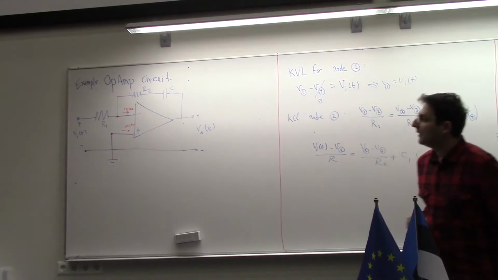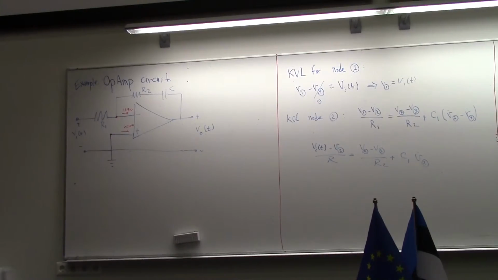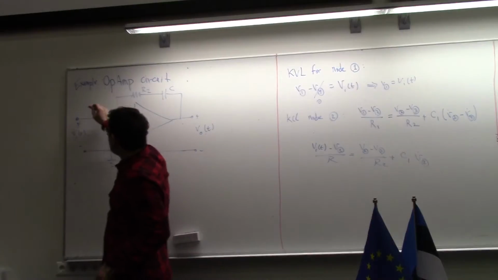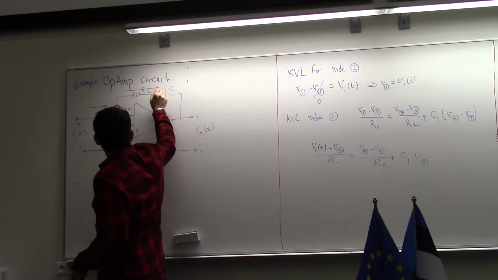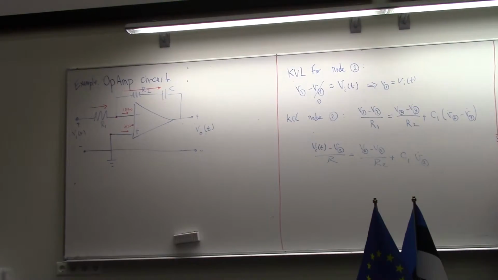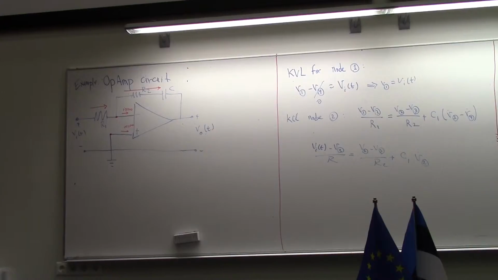Now, it's a very easy circuit in the sense that we know the current which passes into here will also go all through here. So we can calculate the relation between V out and V in.